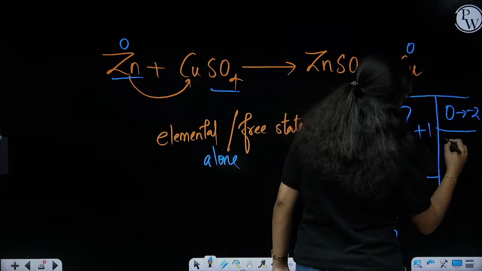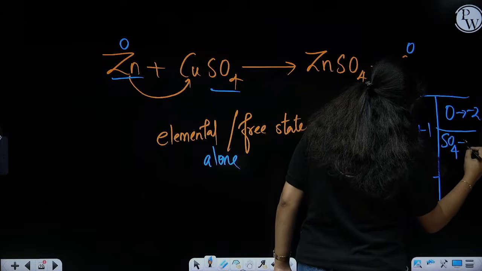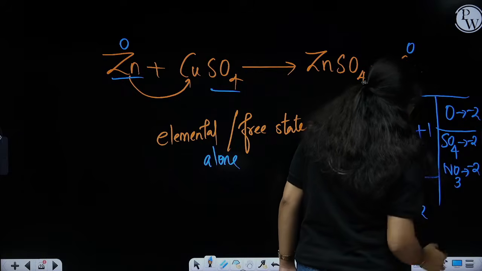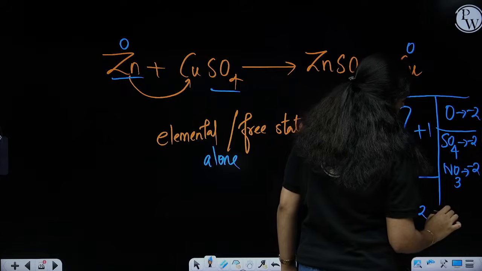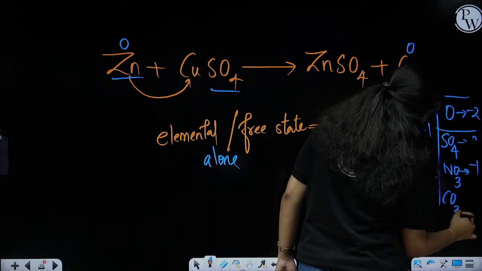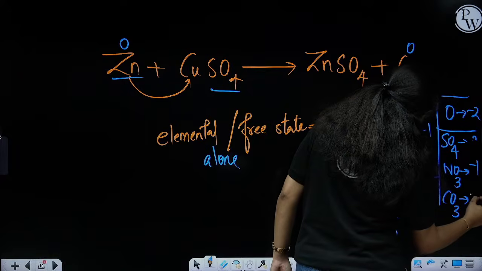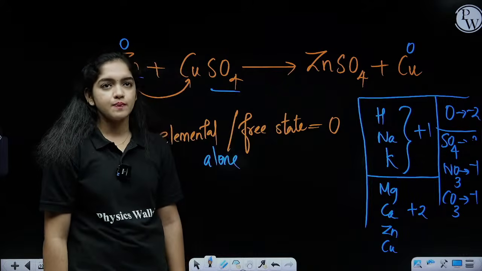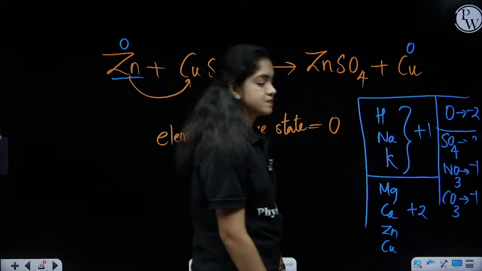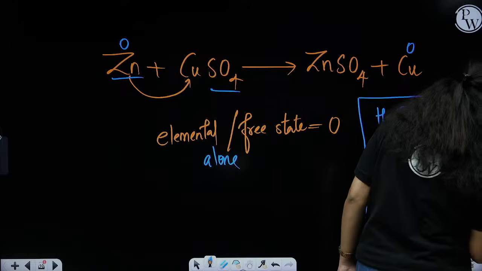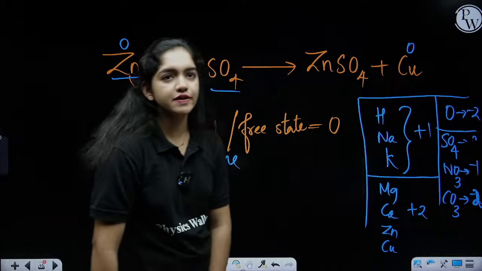Then SO4 shows -2. Nitrate, NO3, is -1. Carbonate, CO3, is -2. So learn this, that is very, very important. That table is very, very important.